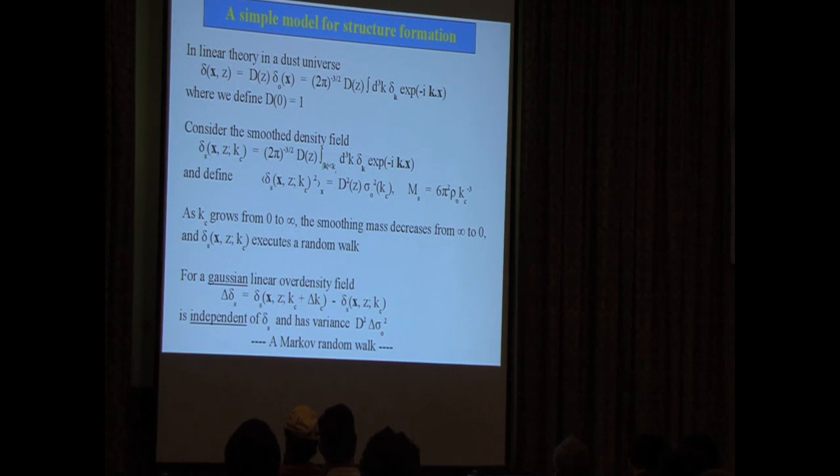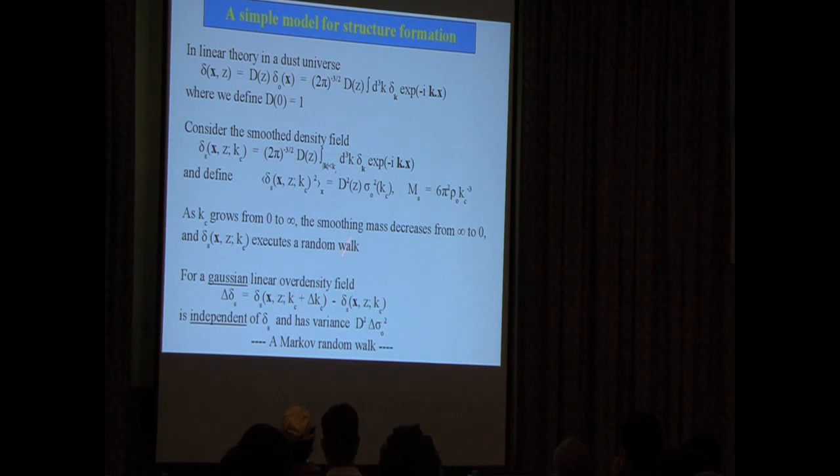Now, if you have a Gaussian linear density field, as Chang-Pei told us, then the power spectrum contains all the information. And one of the consequences of that is that the phases of the waves of the different components are uncorrelated with each other. So when you change Kc, you change the value of the smooth field.